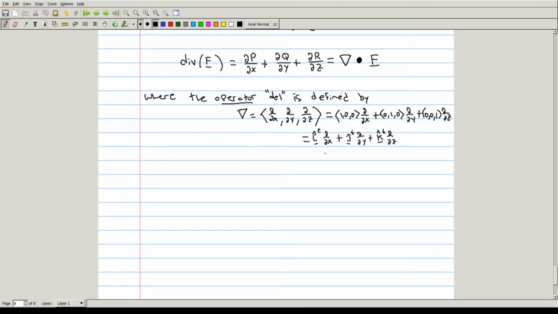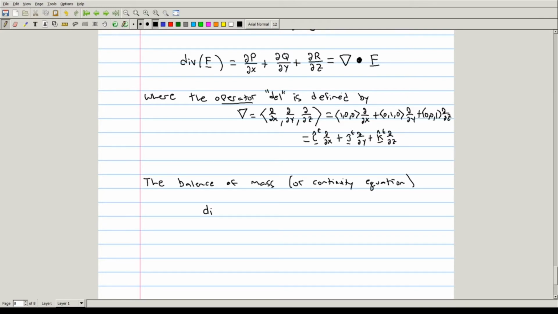But what's nice about the divergence expression right here is that the continuity equation, or the balance of mass, actually ends up looking like this.